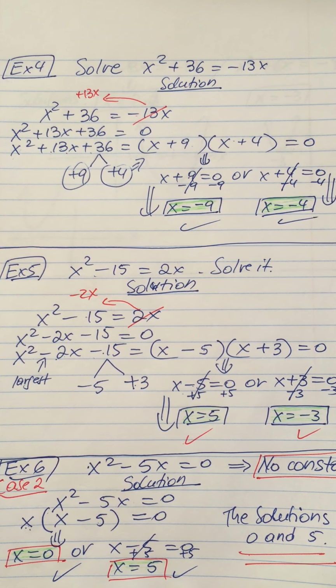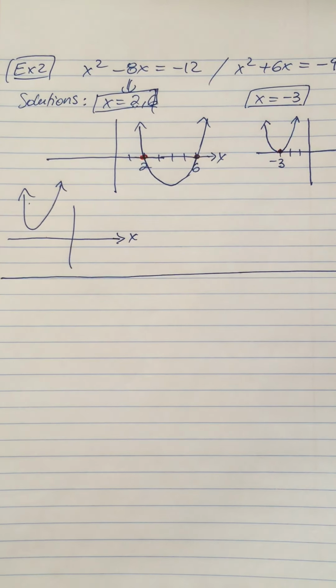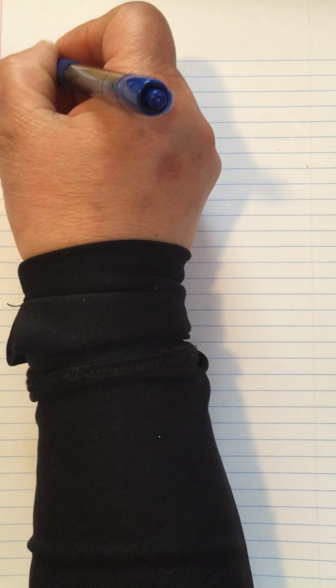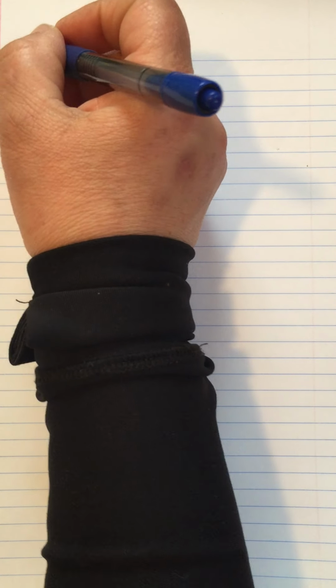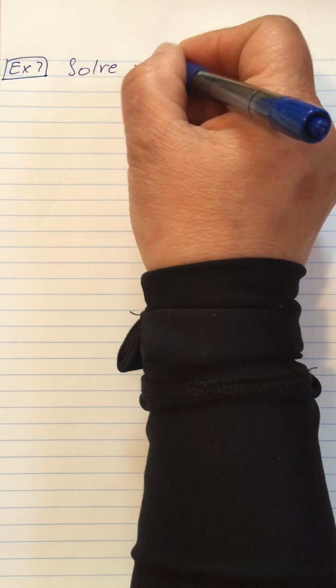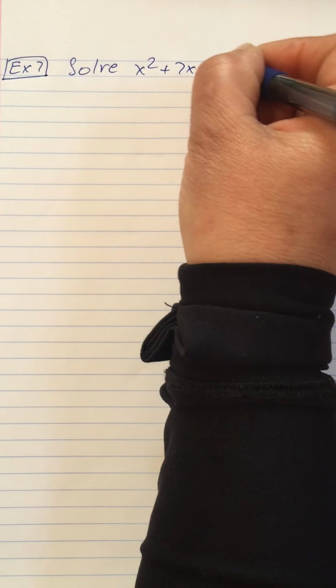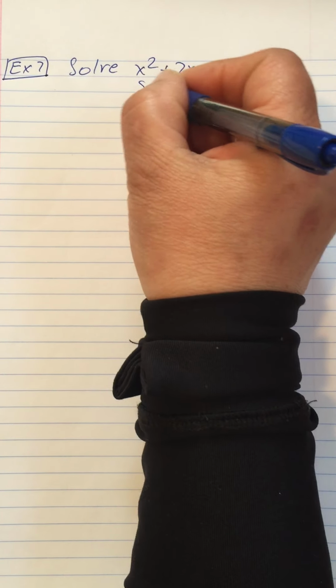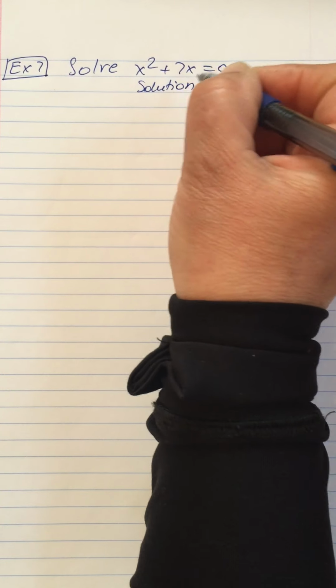Example 7. Solve x squared plus 7x equal to 0. Solution. Happy again, no constant.